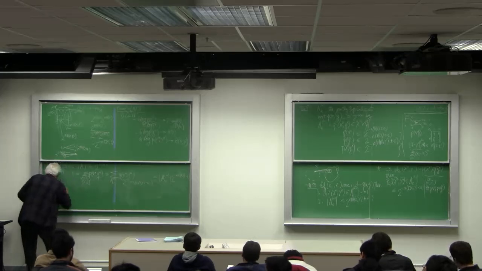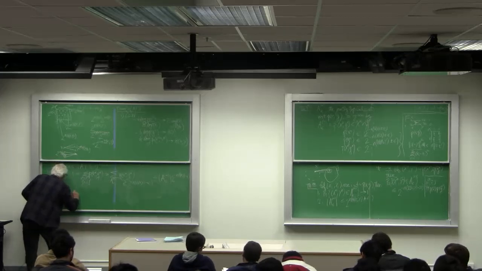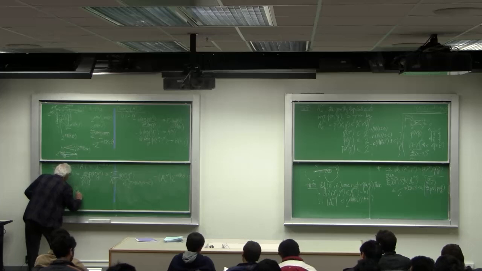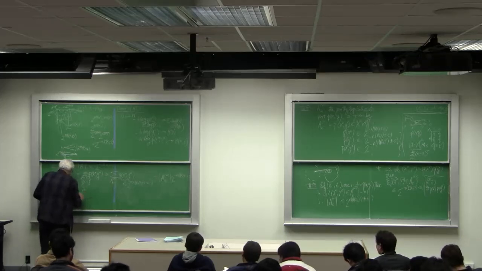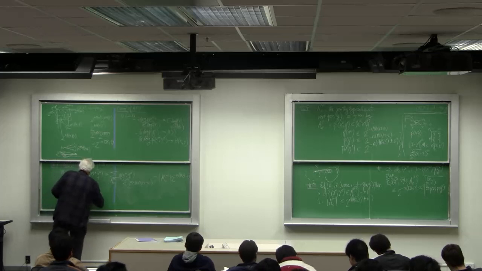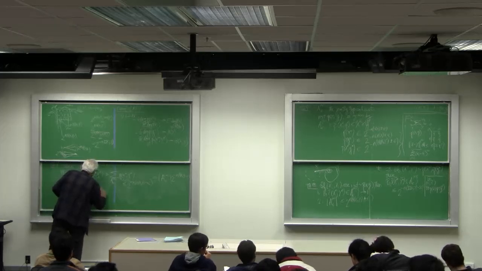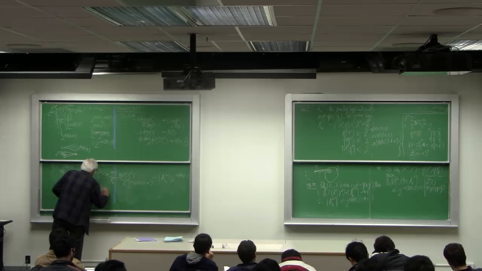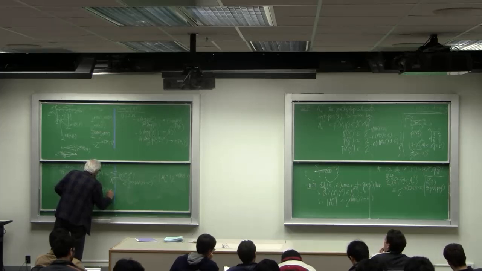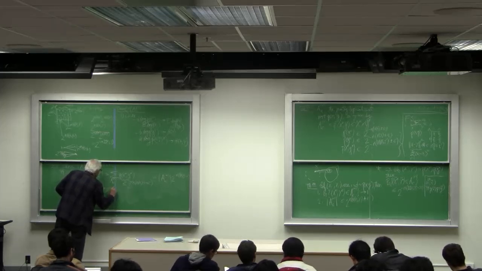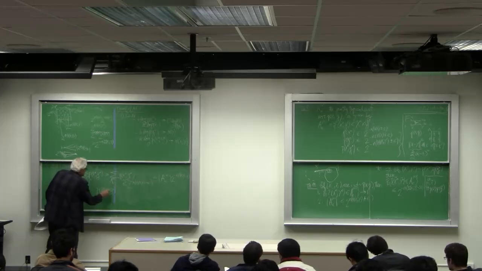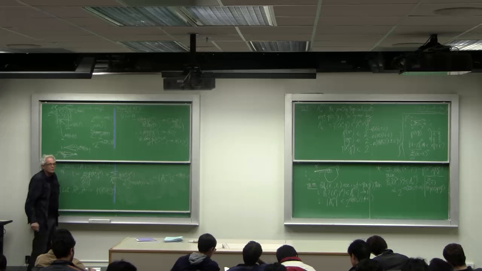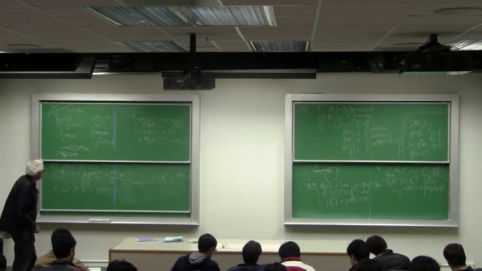So let xn tilde, yn tilde be drawn according to P of xn tilde, P of yn tilde, where the P is the original marginal for the xy process.